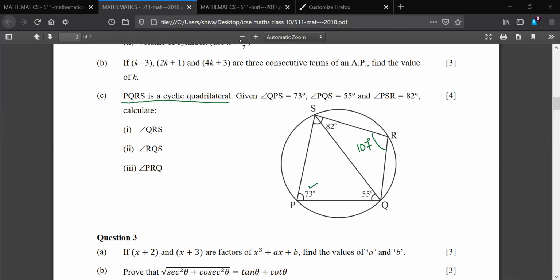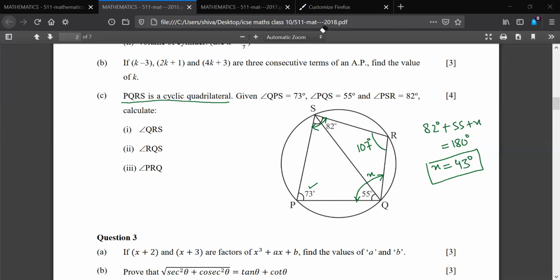Any doubt about this, Mr. Rudra? No, sir. So if this is 107 degree, this whole is 82 degree. Now 82 degree plus this whole should be 180 degree. Any doubt? No, sir. If this is x, so 55 plus x would be 180 degree. Any doubt about this? No, sir. So x would be, Mr. Rudra, 43 degrees.